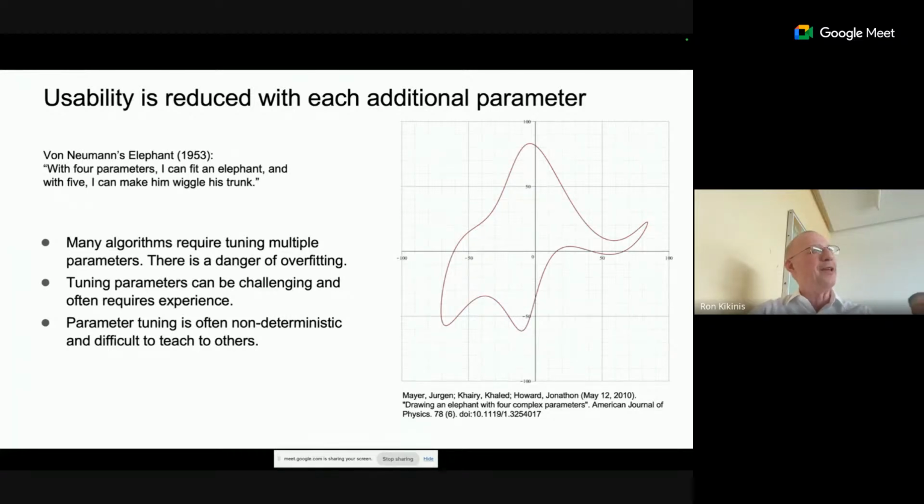And I actually found a paper on arXiv yesterday, somebody presenting an approach where a single parameter can do the elephant. But I have to admit, I haven't understood the mathematics yet, so I'll need some help there.